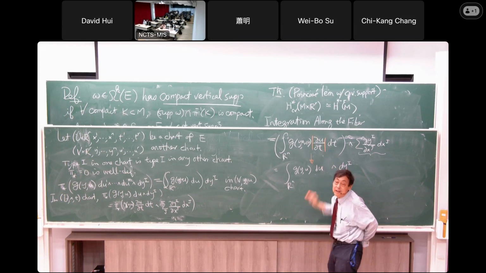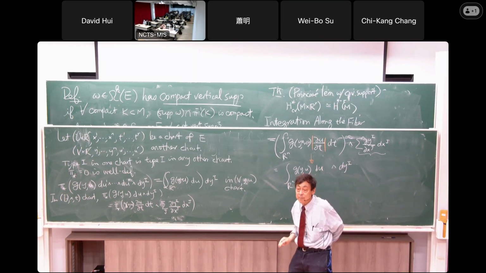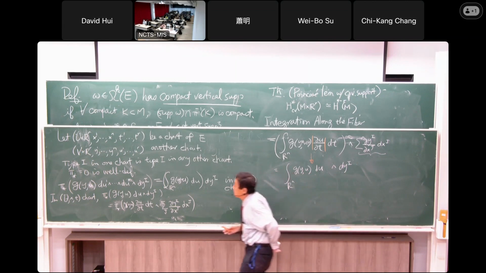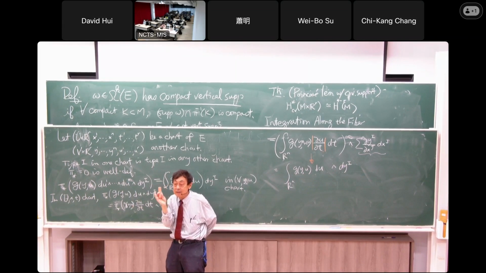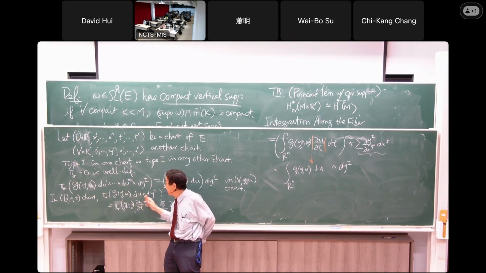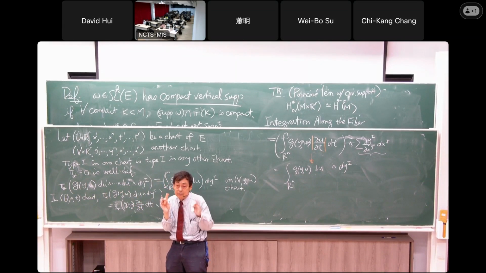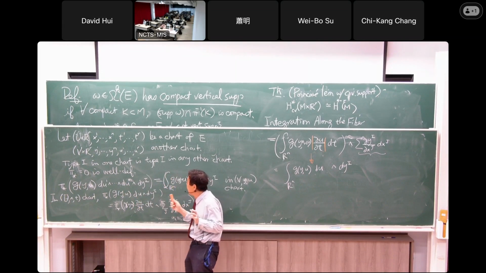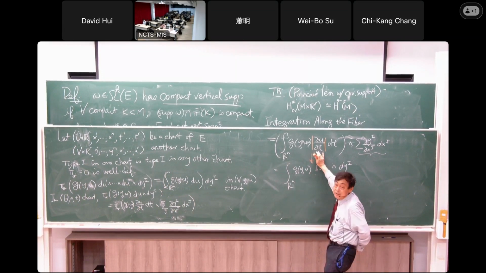And you can put an absolute value there because we are using oriented vector bundles. When you use oriented vector bundles, the fiber coordinates, the u's and the t's, are related by a linear transformation with positive determinant. This is the matrix of partial derivatives.